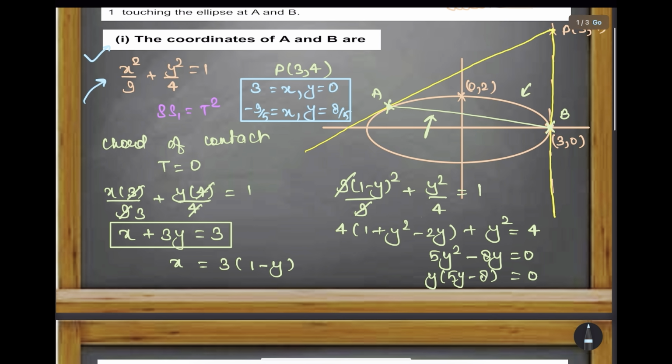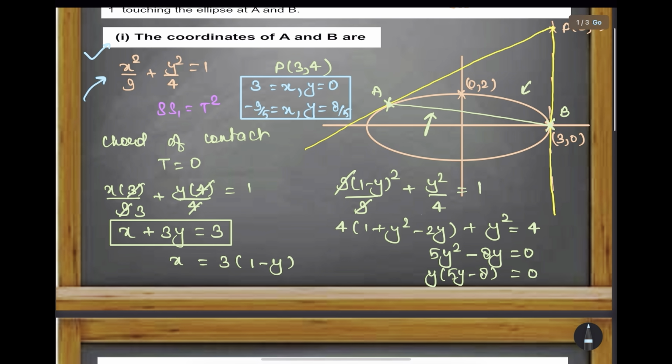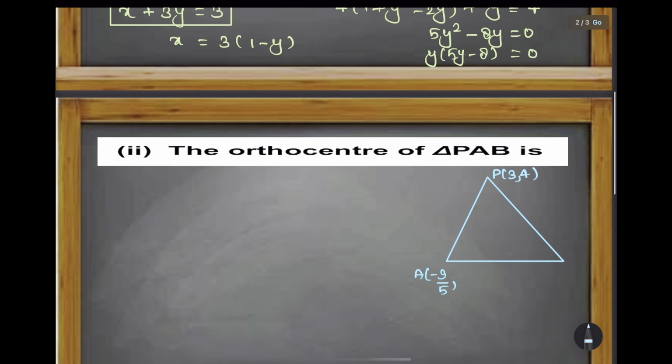Then A was, I'll give this negative. The x coordinate of A will be negative. Okay. Minus 9 by 5. So can I say that it is minus 9 by 5 comma 8 by 5.